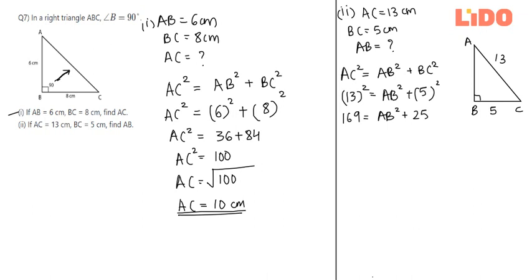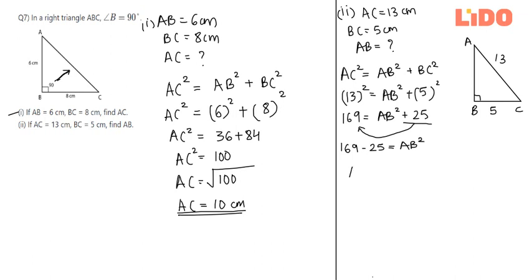Now this is kind of a linear equation in which the unknown or the variable in this case is AB square. We'll shift it to one side and all the other numbers on the other side of the equal to sign. So let's shift this plus 25 to the other side just for ease of calculation. 169 minus 25 is equal to AB square.